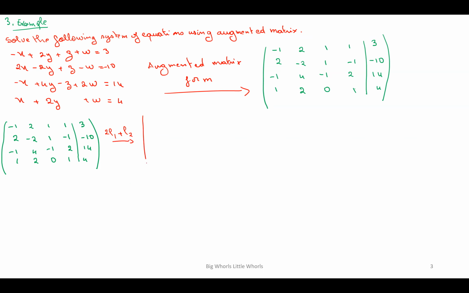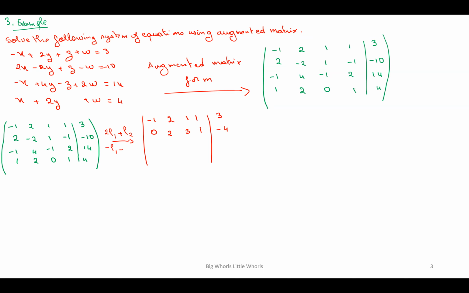That should give me 0, then 4 minus 2 is 2, and 2 plus 1 is 3, and 2 minus 1 is 1, and 6 minus 10 is minus 4.